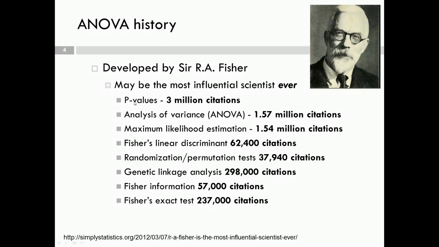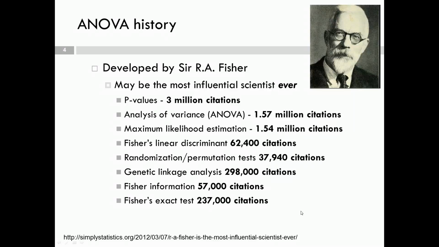So we see he developed the whole idea of p-values that we've been talking about in this course and that are totally pervasive in the scientific literature. Just based on p-values alone, his work has been cited over 3 million times. Analysis of variance, over 1.5 million citations. Maximum likelihood, which I think we'll talk about later in the course a little bit, 1.5 million citations, and on and on.